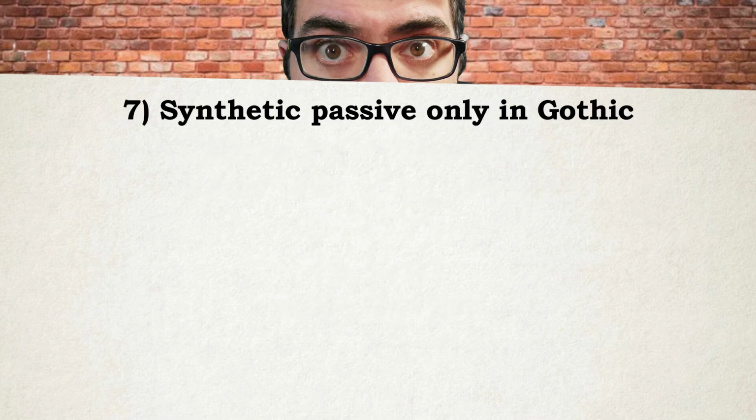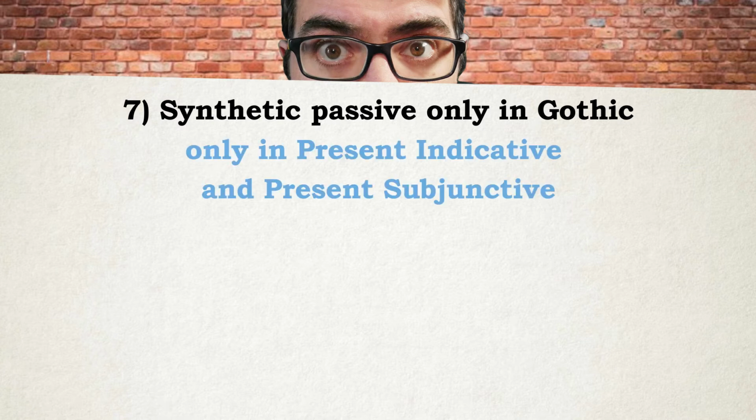Gothic is the only language that clearly shows a synthetic passive form for most verbs. It means that they had desinences that could express the passive meaning, at least in the present tense, while other Germanic languages belonging to the northern or to the western group had already left this kind of inflection, in favor of the use of an auxiliary verb plus participle, which is the same thing that we have today in all surviving Germanic languages.